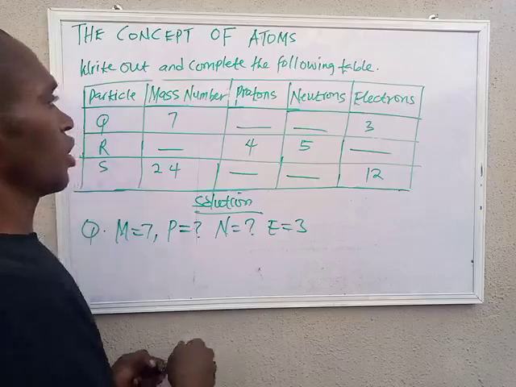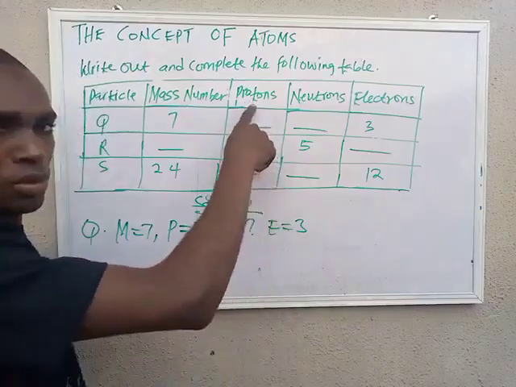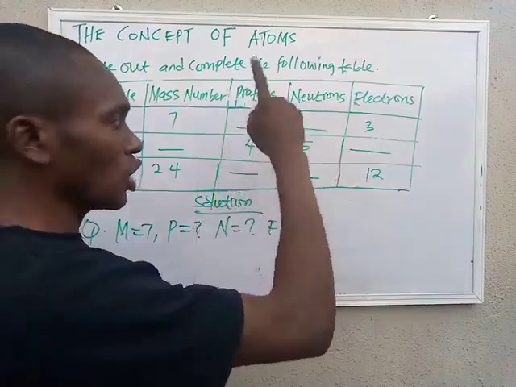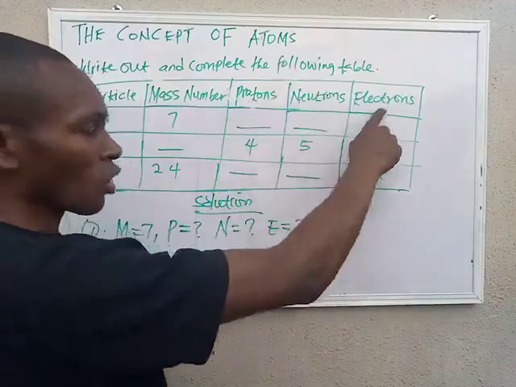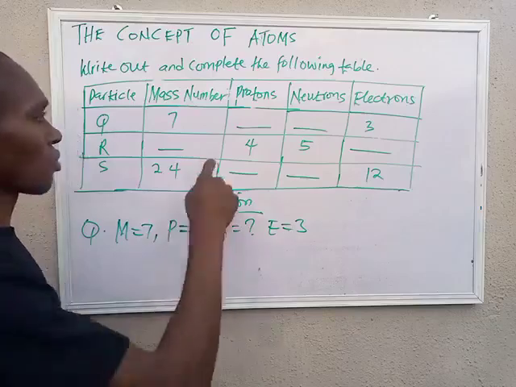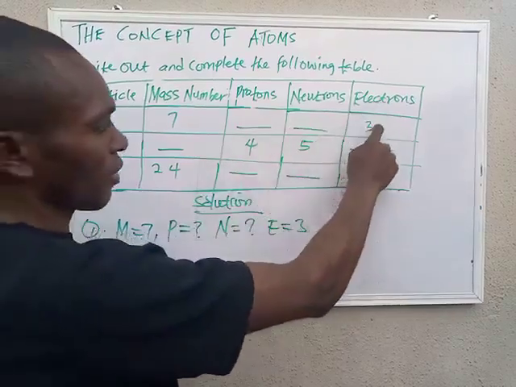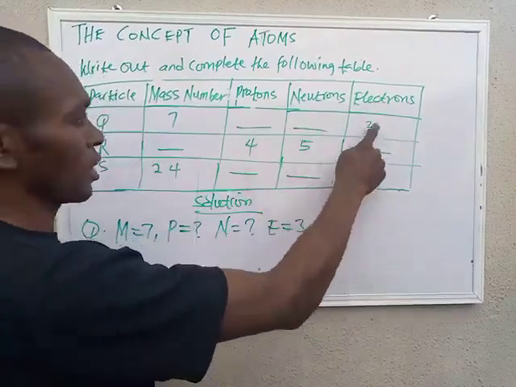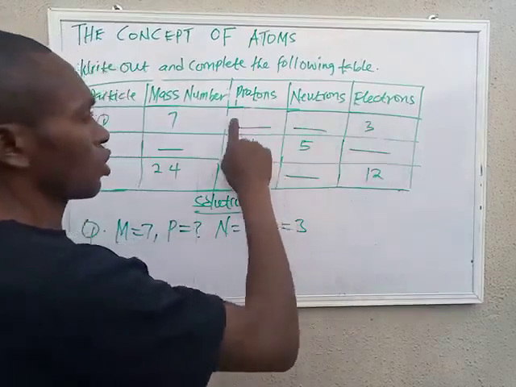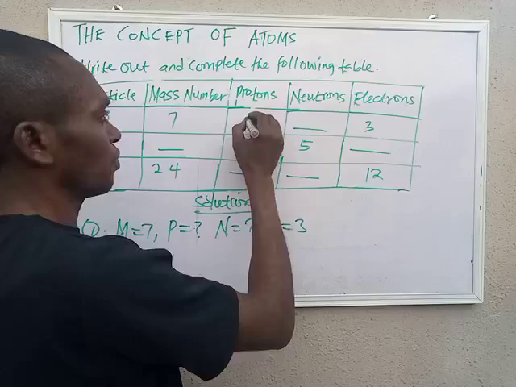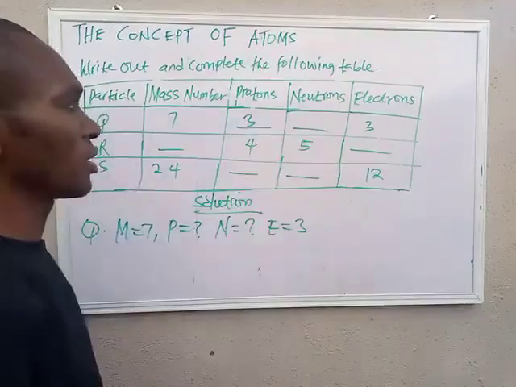So we said the number of protons of an atom is equal to the number of electrons of that same atom. If the number of electrons for Q is 3, that means the number of protons too will be 3. And how do you get the number of neutrons?